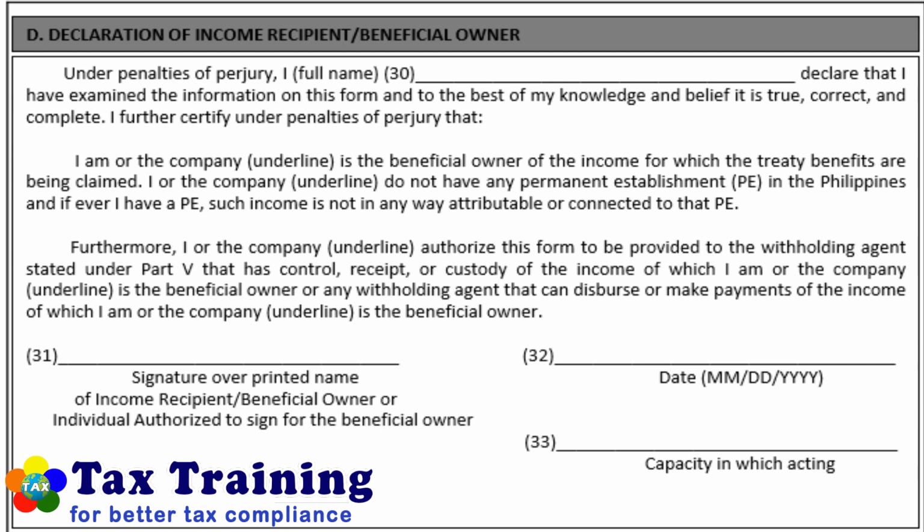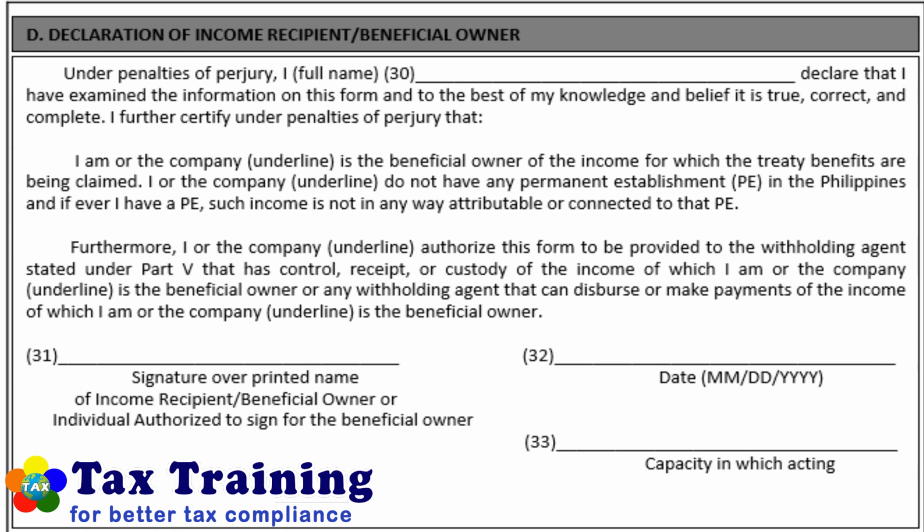I or the company underlying do not have any permanent establishment or PE in the Philippines, and if ever I have a PE, such income is not in any way attributable or connected to the permanent establishment. Ano po yung permanent establishment? Branch.